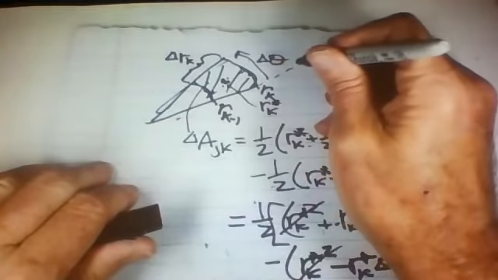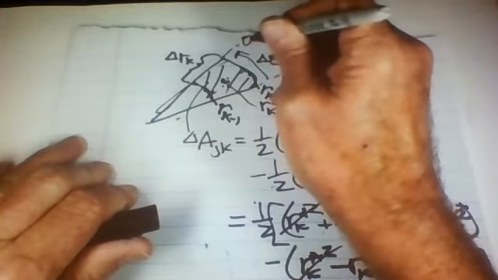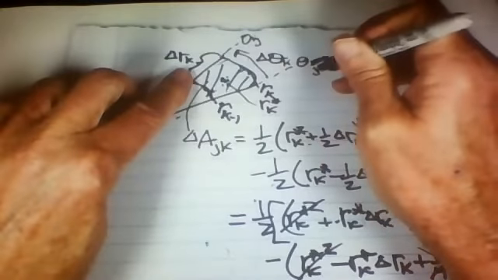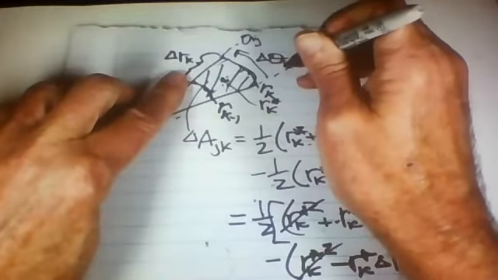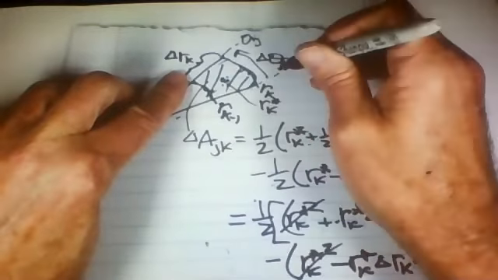And I'm incrementing from this angle, theta j minus 1, to this angle here, theta j. So this is delta theta j, the jth increment in theta.